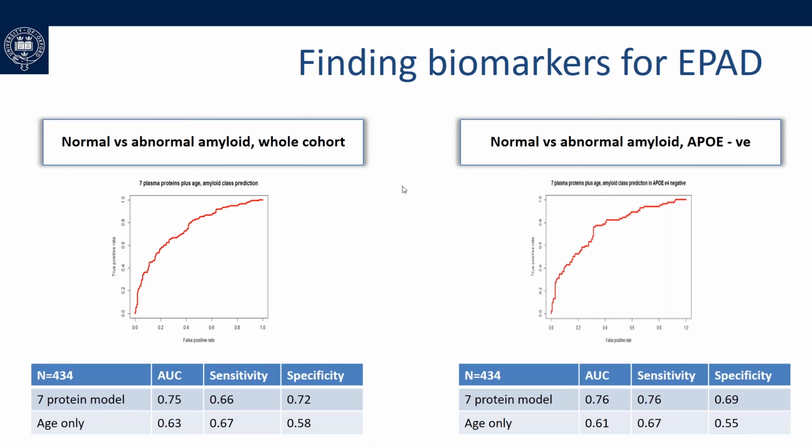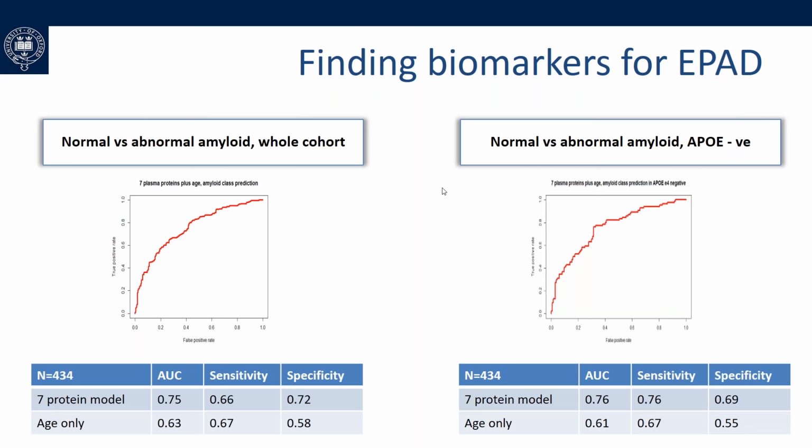So when we look in the whole new cohort that we established from EMIF, this is from 1,000 or so people, we found 7 proteins that can predict whether these individuals have high amyloid load or not, with an area under the curve of about 0.75 that compares to age only of 0.63.